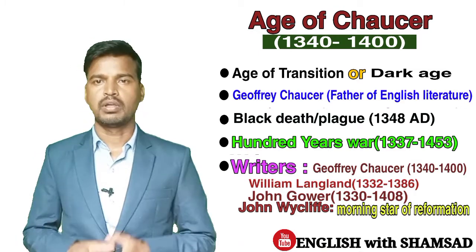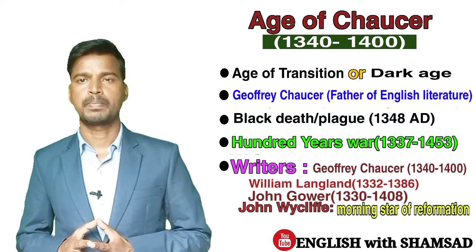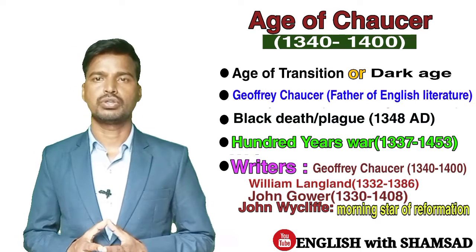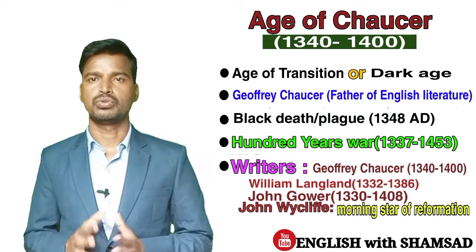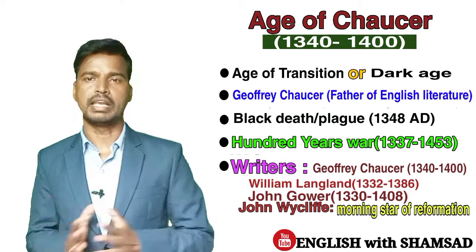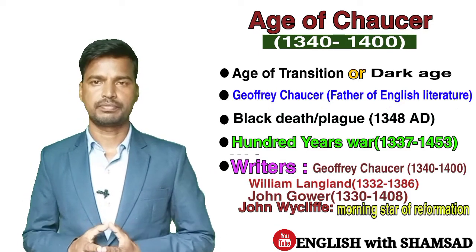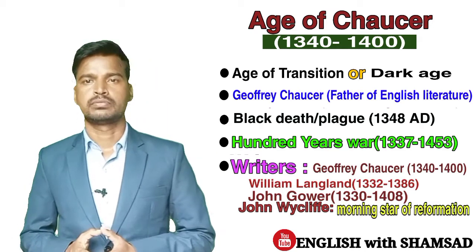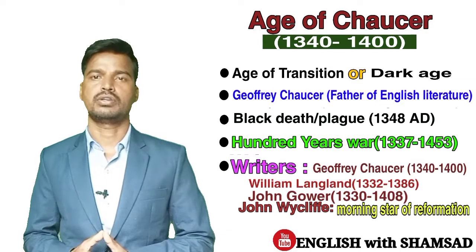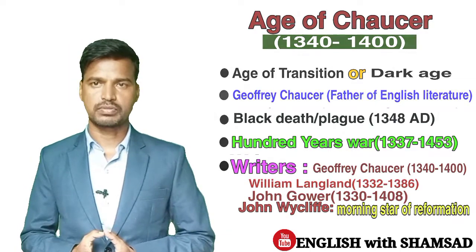Next writer is William Langland. He wrote an allegorical epic poem, that is Piers Plowman. Next writer is John Gower, who wrote poems and ballads. And next one is very important, John Wycliffe, who was called the morning star of the Reformation and the first writer who translated the Bible into the English language.